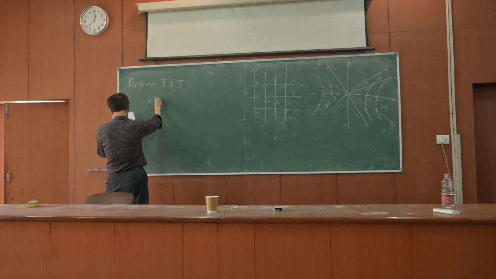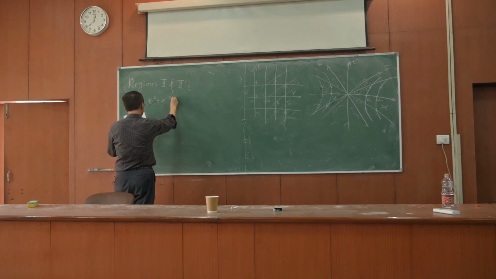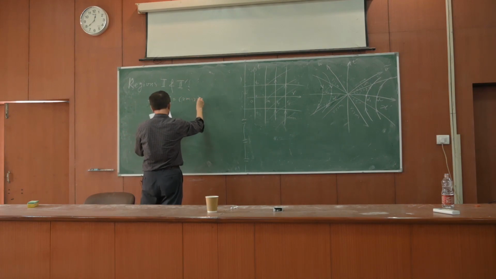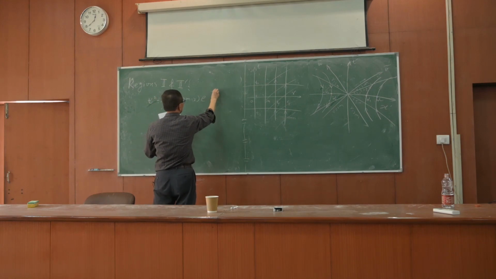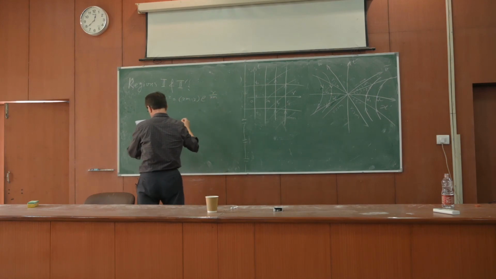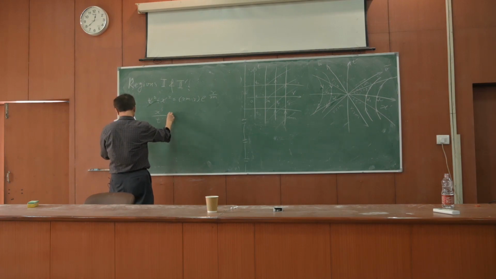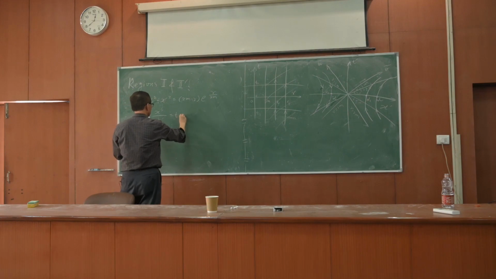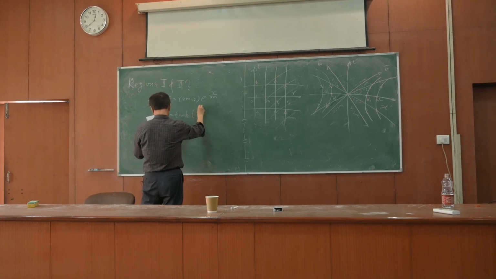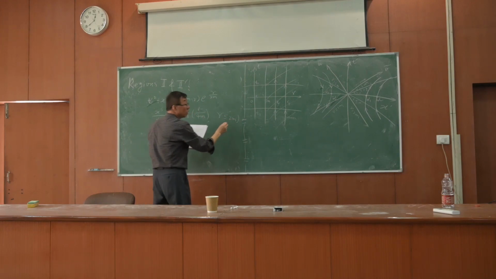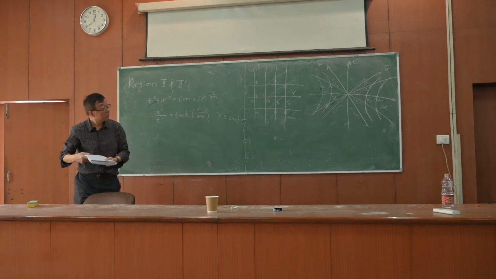T prime squared minus x prime squared equal to 2M minus R e to the R over 2M, and x prime T prime equal to T over 4M R prime, right?